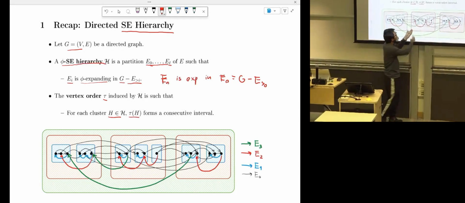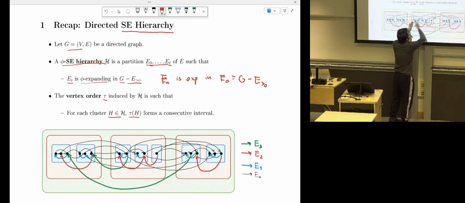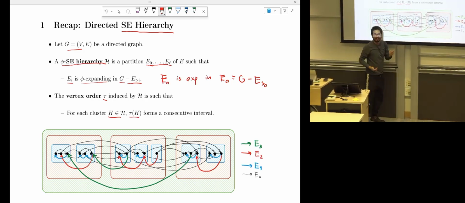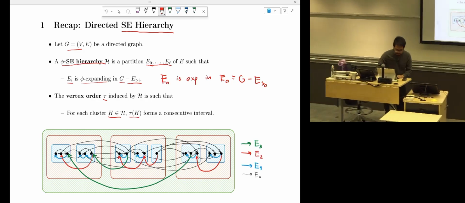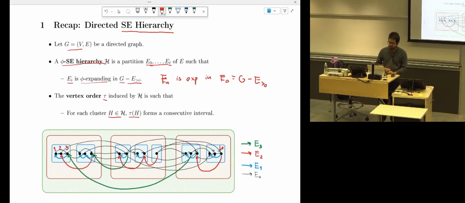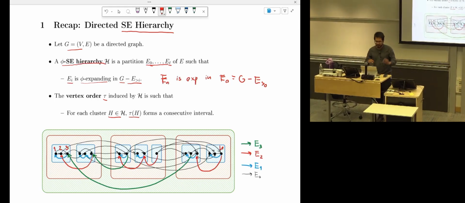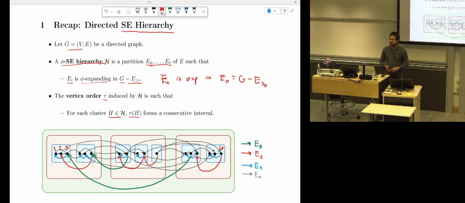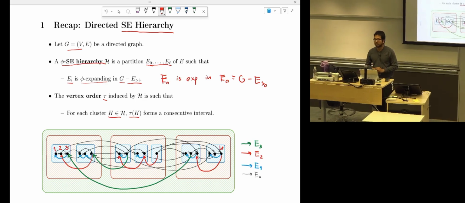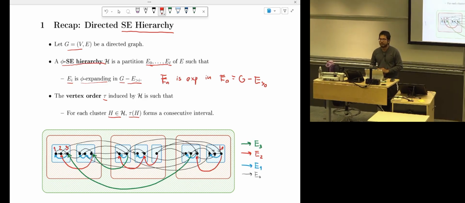For example, every node in this red cluster is mapped to this interval. I put the numbers 1, 2, 3 up to n here. So when you have the SE hierarchy, it induces a vertex order. This is just from last time. A question about this? Okay. Good.